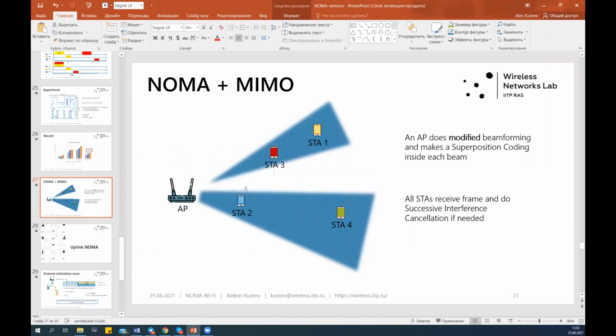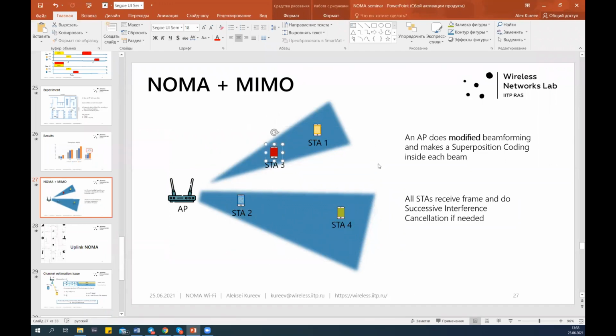For example, you have two pairs of devices, STA1 and STA3, and STA2 and STA4. How can you transmit data to them? You can use beamforming for each of these devices and transmit in TDMA.